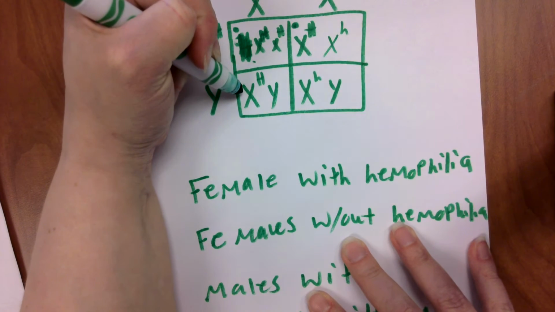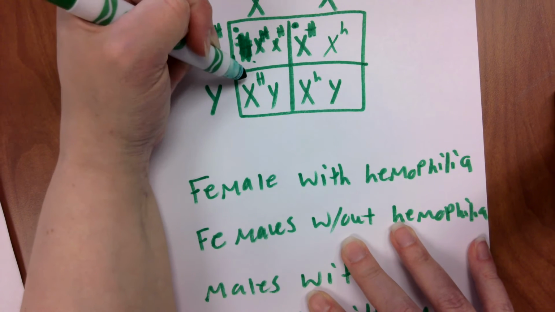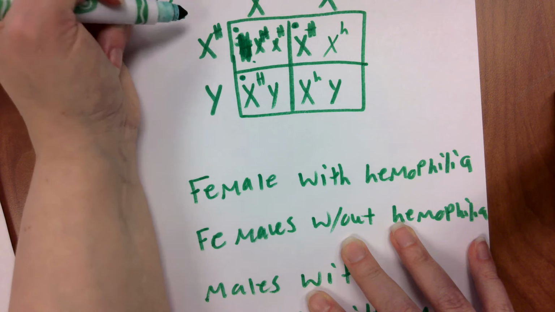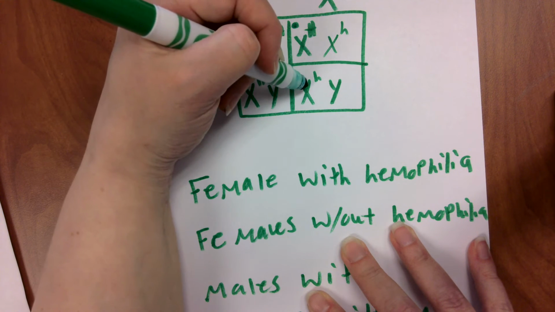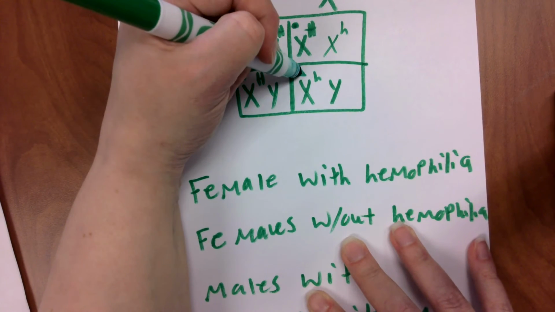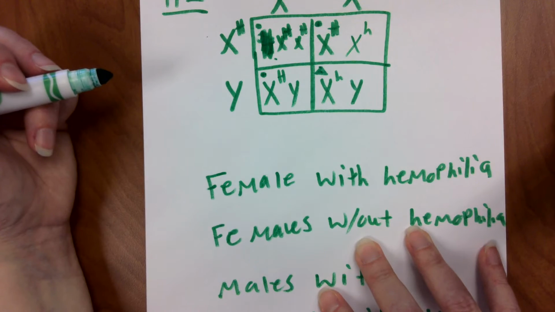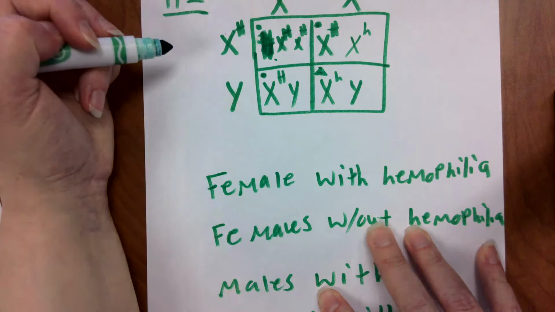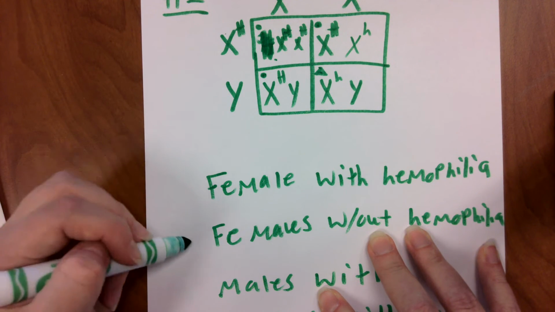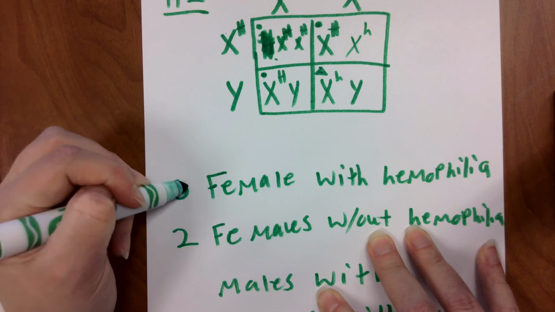This individual has a capital H and a Y. This means he is normal. And little h on your X, Y, this means that they are affected. So according to what we just looked at, 2 of our females do not have hemophilia. None have it.